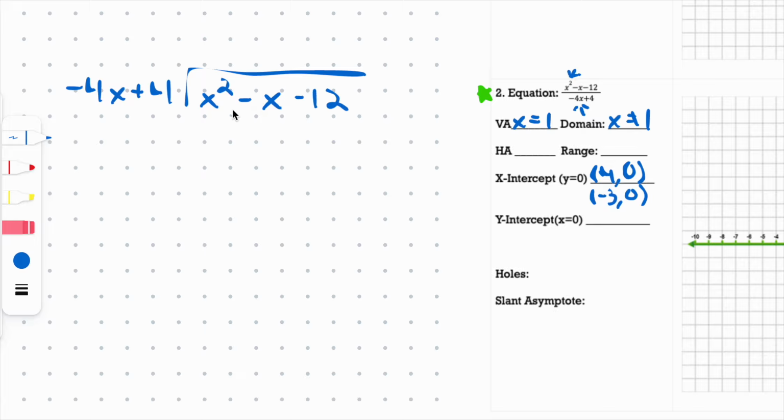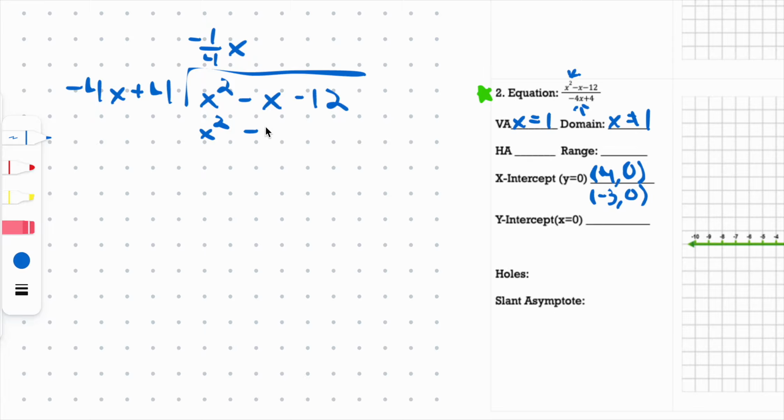Okay. So first, if you think back to when we did long division, we ask what value, when we multiply it by -4x, gives us x squared? Well, that's going to be -1/4 x, right? So that gives us x squared. And what is -1/4 x times +4?